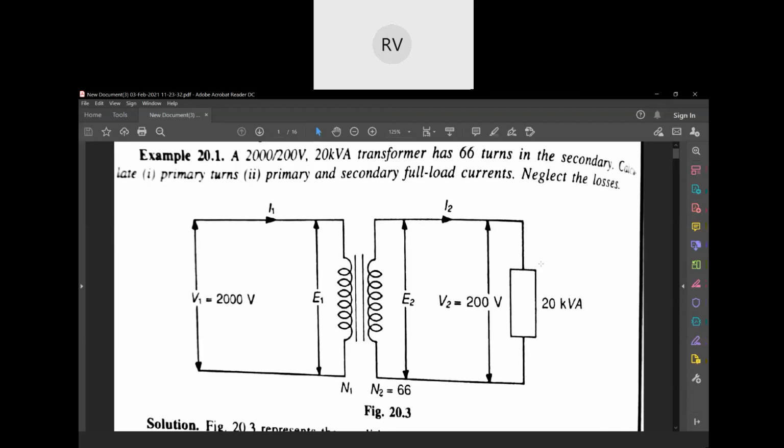He is asking us to neglect the losses. So we are drawing a diagram representing whatever data is being given.